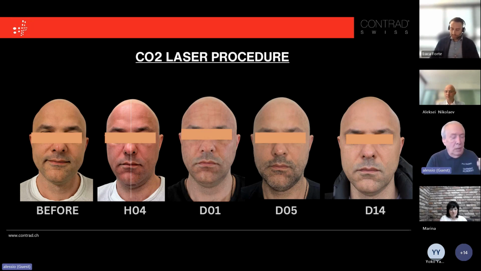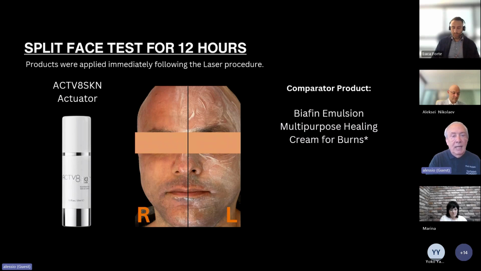I was using before Activate Skin, I was using, after CO2 fractional, you see the first hours, and we did this split phase study. From one side, the BFN emulsion, that is a good comparator cream, and on the other side, Activate Skin.